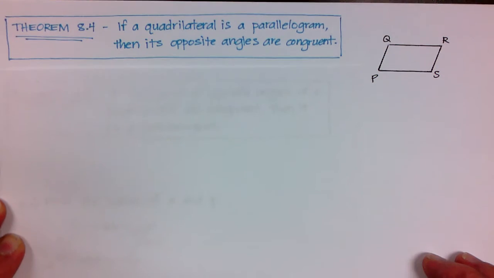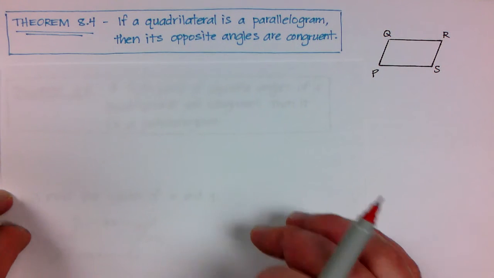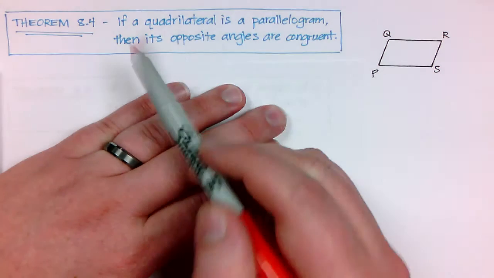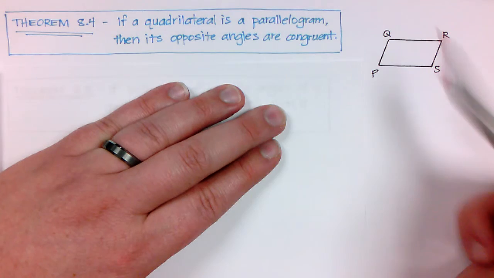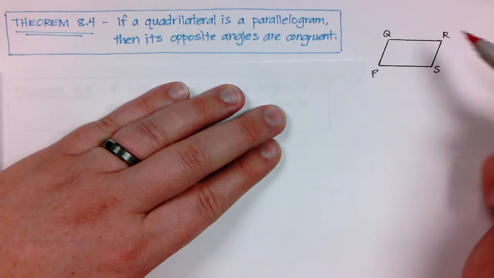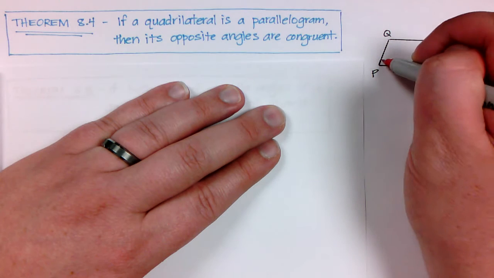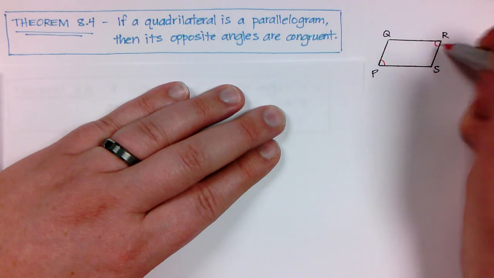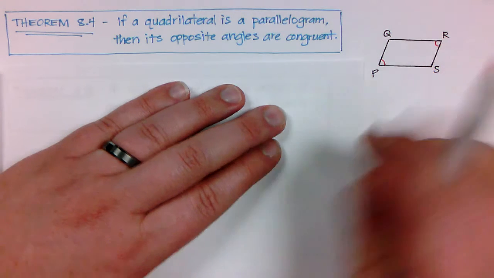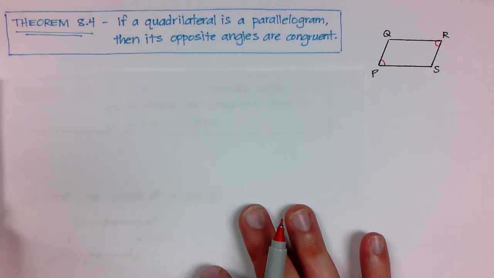Next we have Theorem 8.4. And this one says, if a quadrilateral is a parallelogram, so again, we're just assuming that it's a parallelogram, then its opposite angles are congruent. So opposite angles would be like angle P and angle R. Okay, so that's what I'm going to write down.